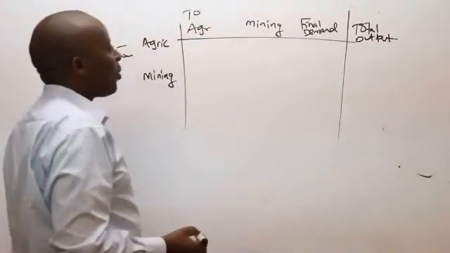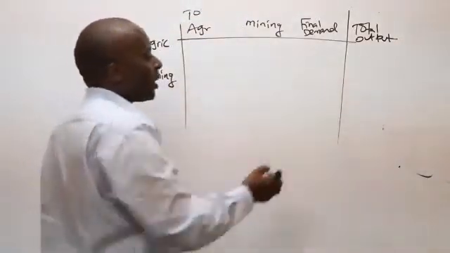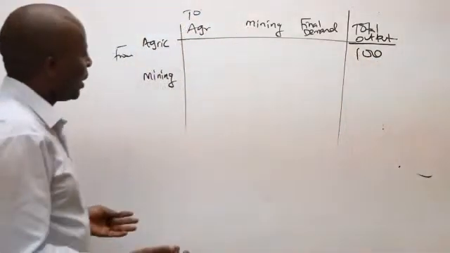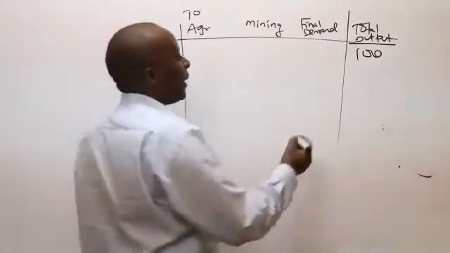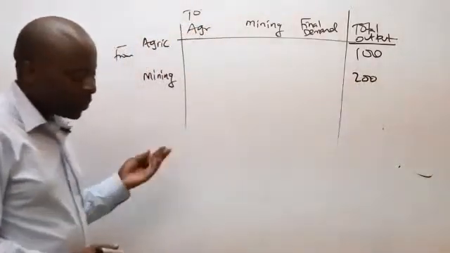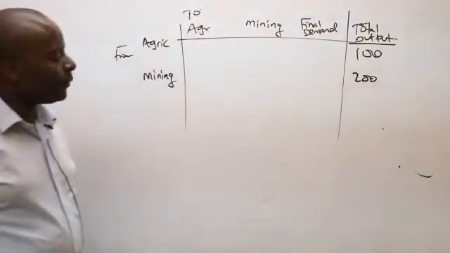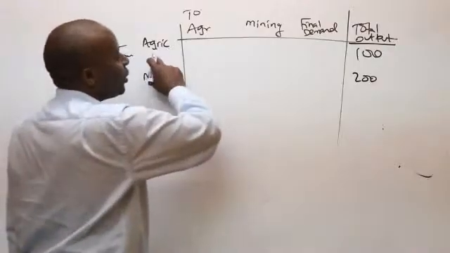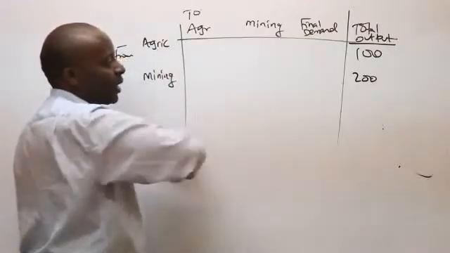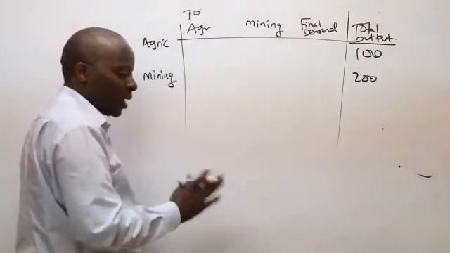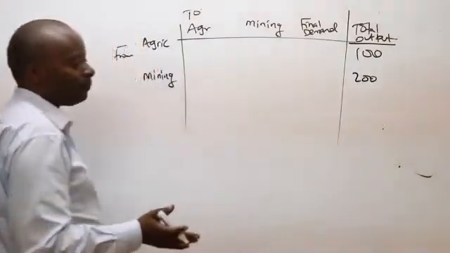It will tell you that in the year, agriculture produced 100 kilograms, could be 100 million kilograms, and for example, mining produced 200 kilograms of limestone. Limestone is quite useful. From agriculture, there will be quite a lot of transfers between sectors.